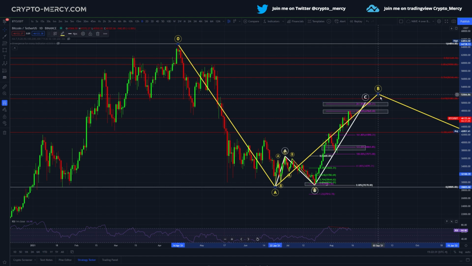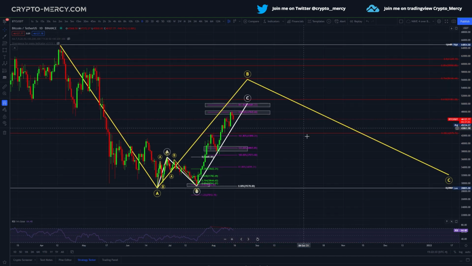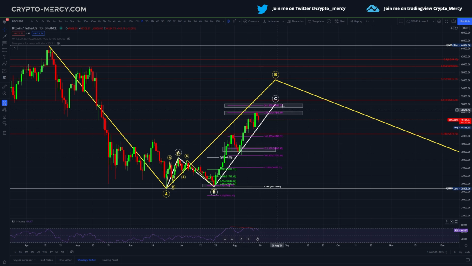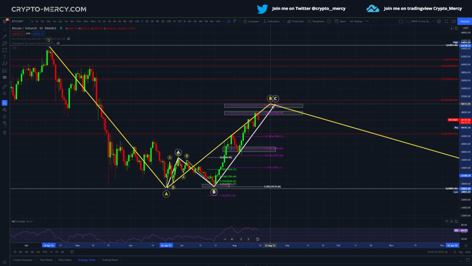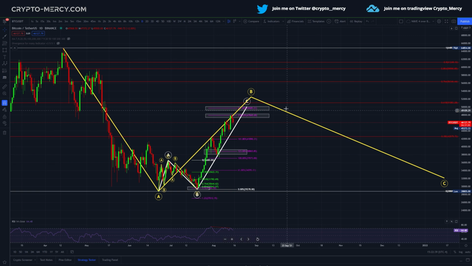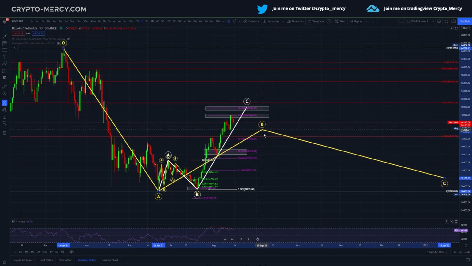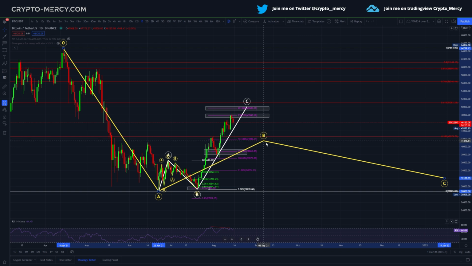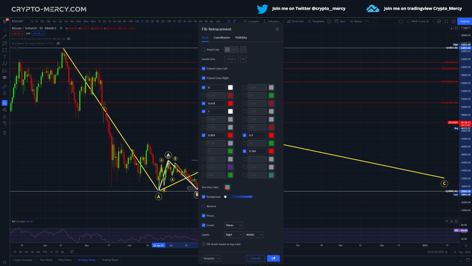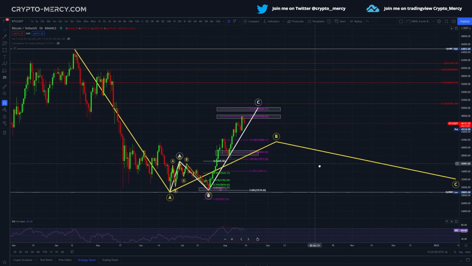This would be a probable ABC inside this B wave. Now I want this B wave to reach a probable target, which for a zigzag, the 0.382 acts as a resistance, but it was broken. We've been over it, and now I can just take it out.